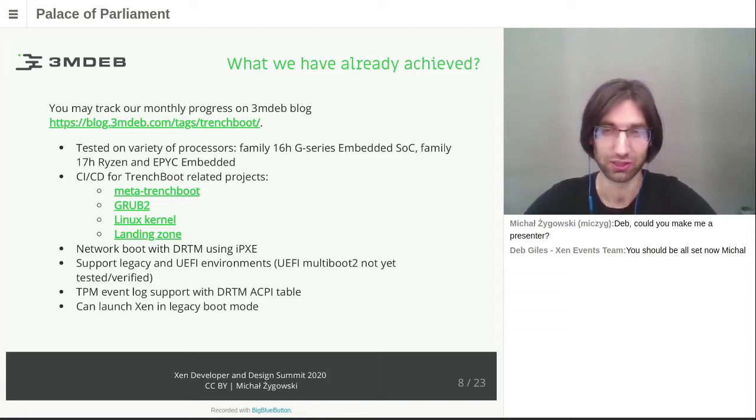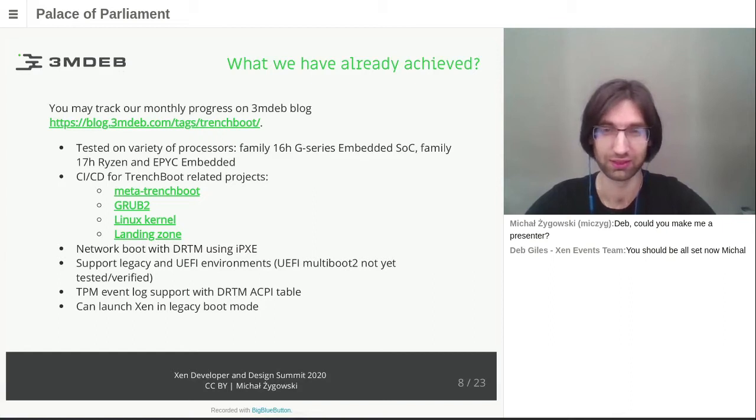So we have Meta TrenchBoot, with which we build some Linux distributions with TrenchBoot already enabled. We have our GRUB2 modifications, the Linux kernel, and the landing zone. The landing zone is software similar to the Intel Authenticated Code Modules that are required to launch the DRTM.